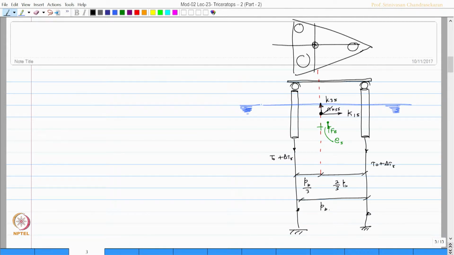The deck will have an independent rotation component, which will be K 85. So, now referring to this figure, let unit rotation be applied in the pitch degree of freedom of the buoyant leg.